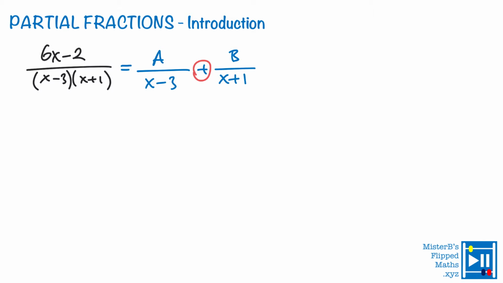So you will never see a subtraction sign here. This will always be an addition initially, but later on, if you find b to be a negative number, then certainly this sign will change to minus. So this is one type of partial fractions.